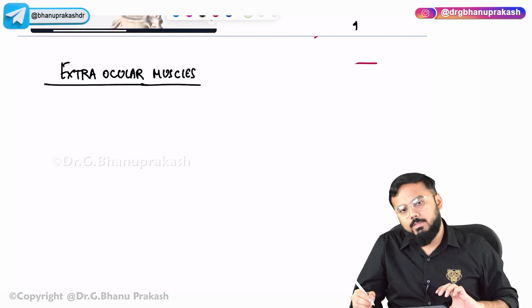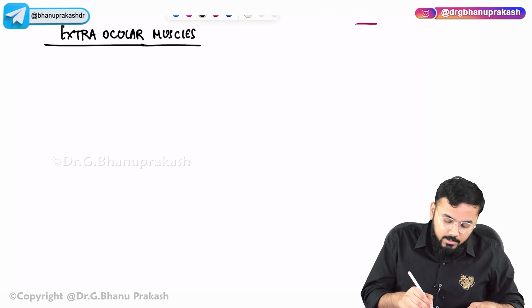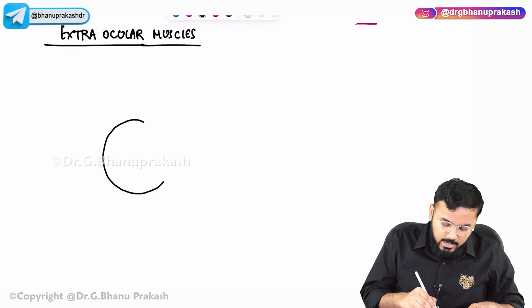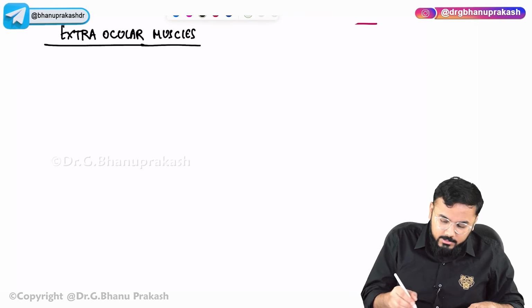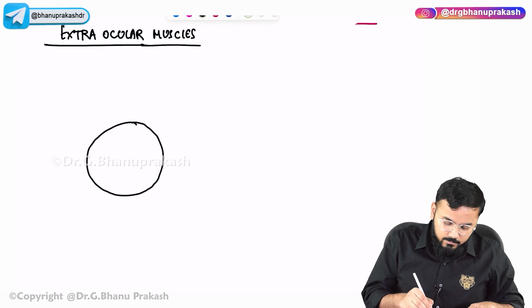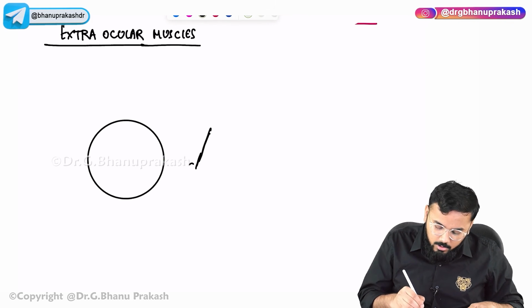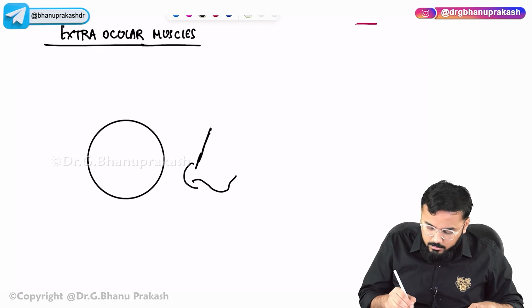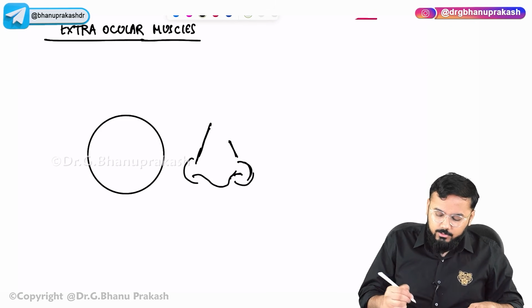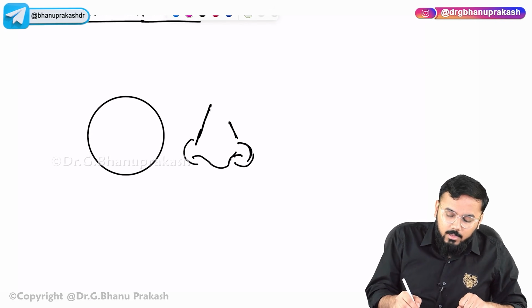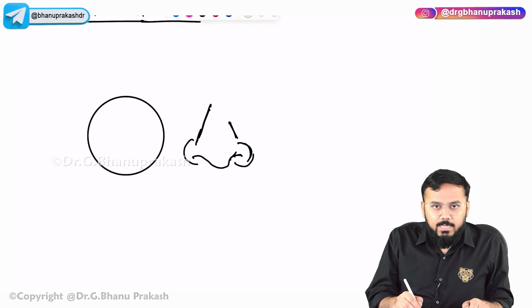So what is the list of extraocular muscles? For example, let us say this is the eyeball over here. Next, let us draw the nose over here. Wherever the nose is, that is the medial side, right?